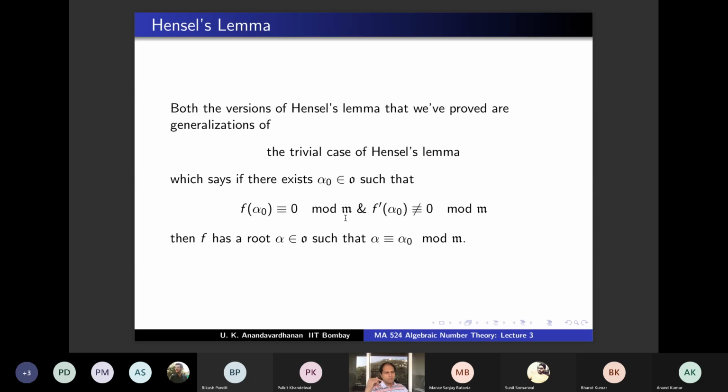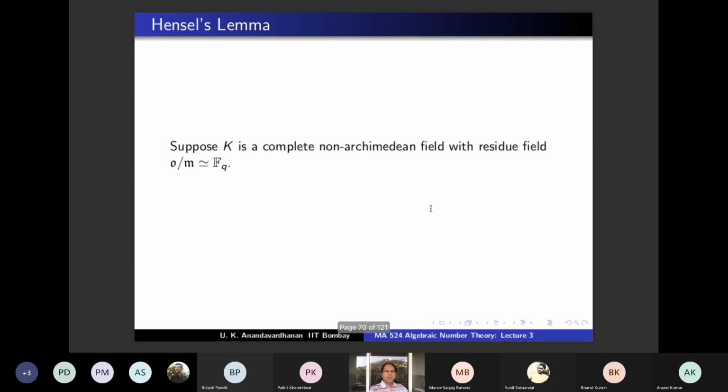Proving this is much easier than our earlier proof, because for the Cauchy sequence you can define a better algorithm. You can just take alpha_{i+1} as alpha_i minus f(alpha_i) by f'(alpha_0), and you can easily show convergence if you want only this much. Anyway, we have proved much more.